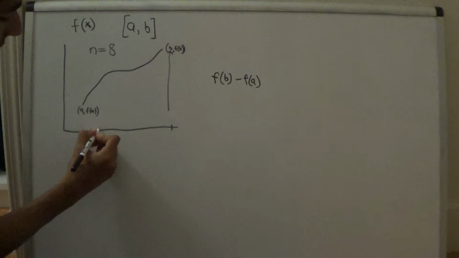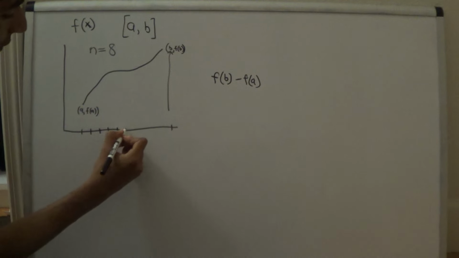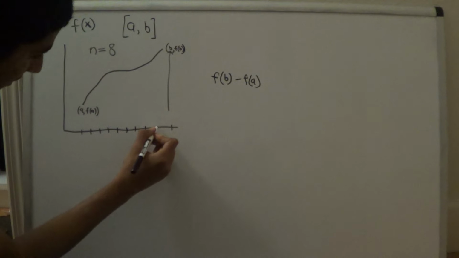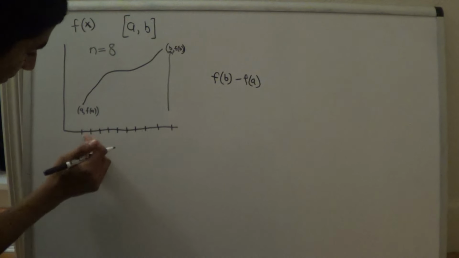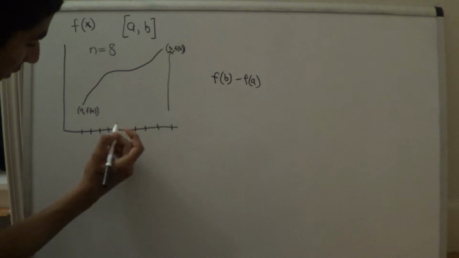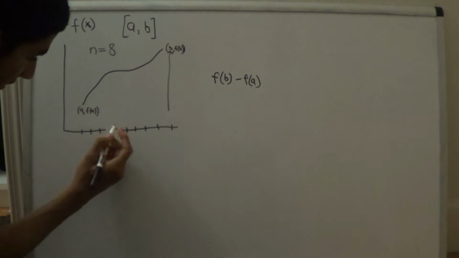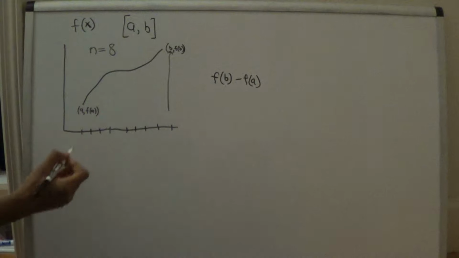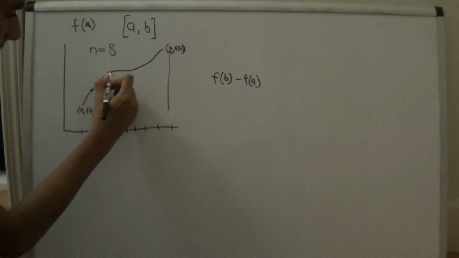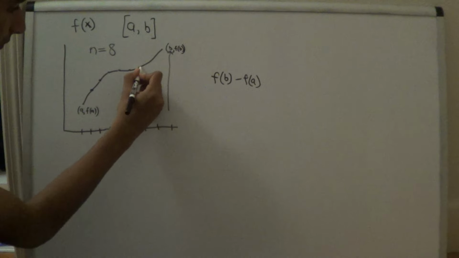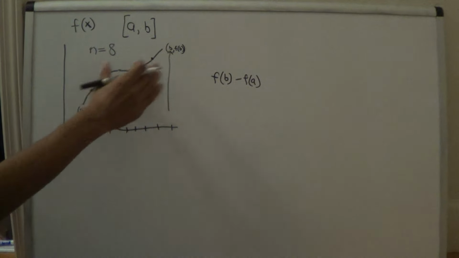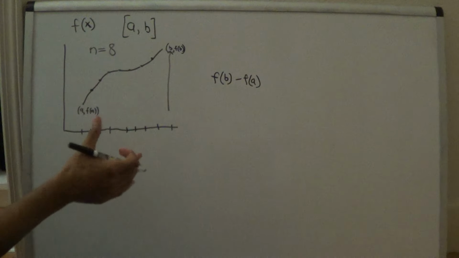So 1, 2, 3, 4, 5, 6, 7, 8, 9 points here. Consequently we split this curve into 8 little pieces.